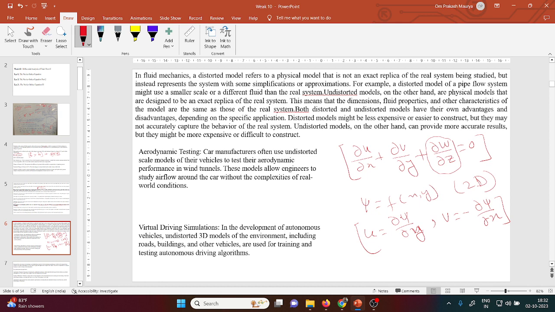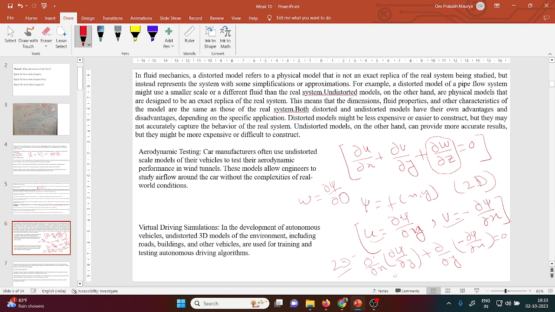If it does not follow the continuity equation, there is no meaning to the definition. Let's say you write w equal to something here, it does not satisfy the continuity equation. If you put these values in, del u by del x is del by del x of del psi by del y, and del v by del y is del by del y of minus del psi by del x, and w in case of 2D is equal to 0.